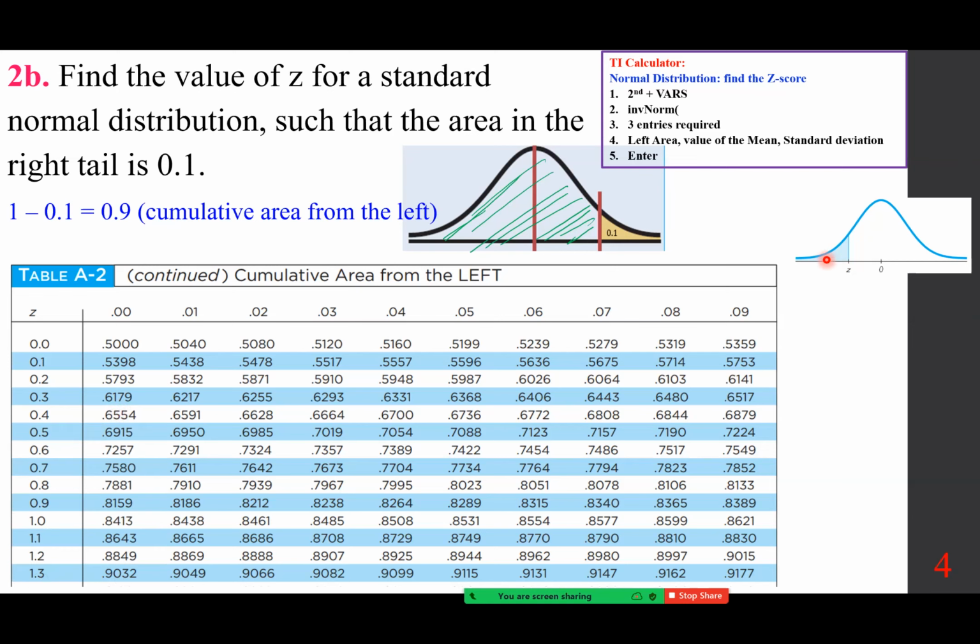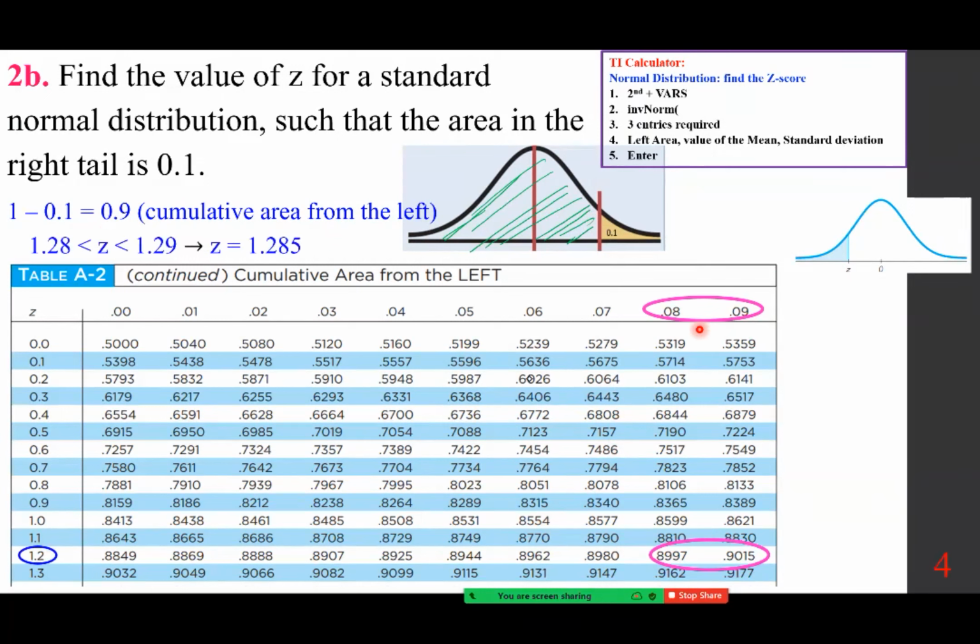When we look at this graph, it means we start from negative infinity and all the way we stop at z. Therefore, we are looking for 0.9 here. So look for 0.9, and we find 0.9 to be between these two numbers. So 1.2 here, and between those two numbers, between 1.28 and 1.29, you can say 1.285.